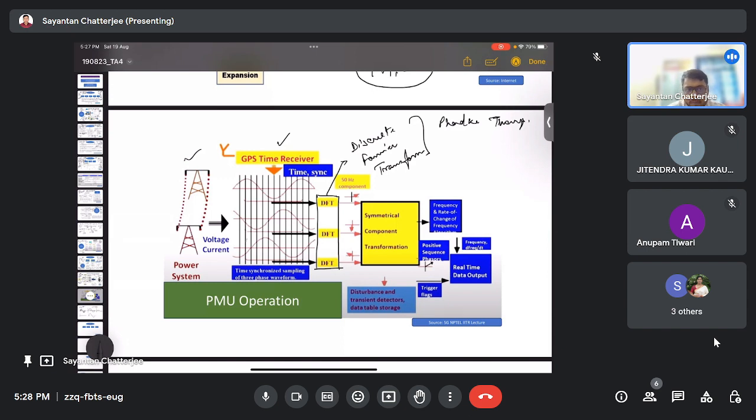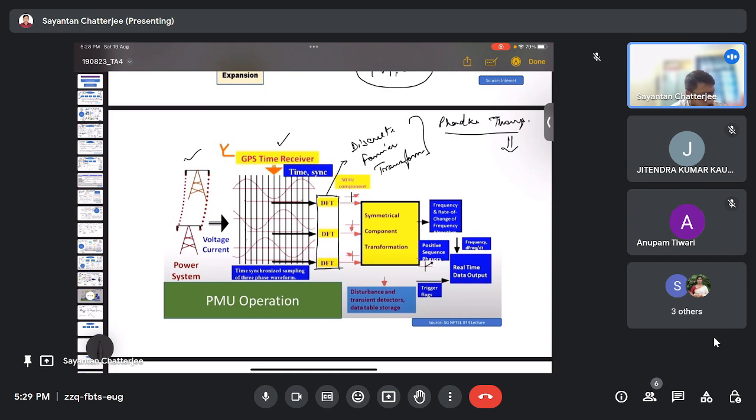Since we need to burn the programs that we develop into the microprocessor in the PMU itself, the PMUs would be delivering outcomes which should be within a faster time frame.